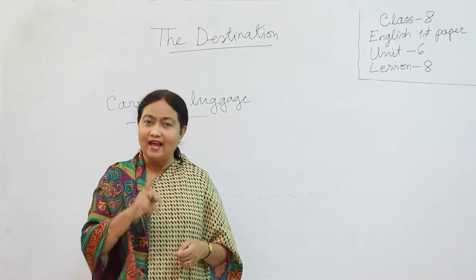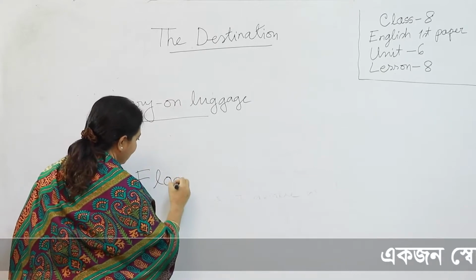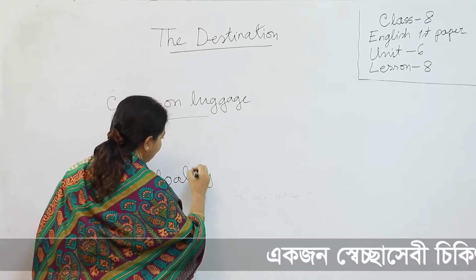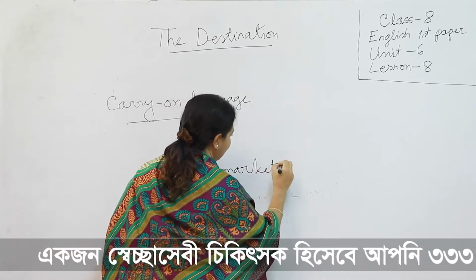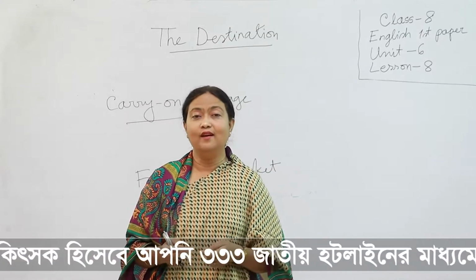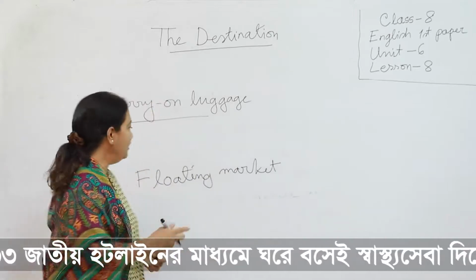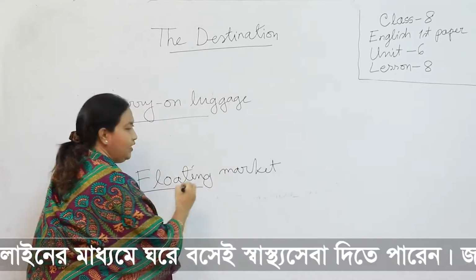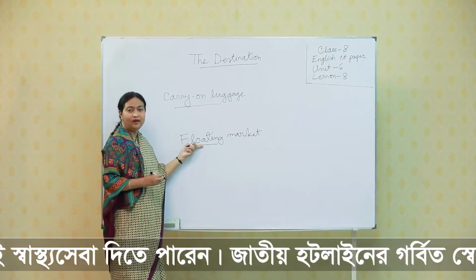Okay students, another term, that is floating market. What is floating market? Have you seen or known about a floating market? Okay, what the word means, floating. Here the main word is float, it is a verb.